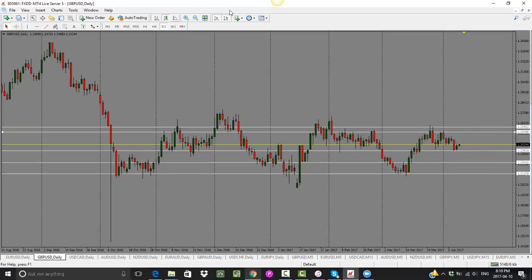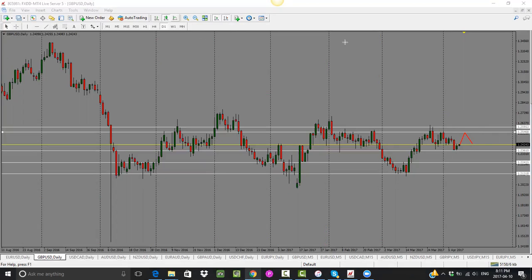So a couple of different scenarios could play out here potentially. One would be if a positive number comes out, we may have one of these. So we would be looking at 125.50 for a potential selling opportunity. That's one scenario. If we get positive inflation numbers, it may push it all the way up there.